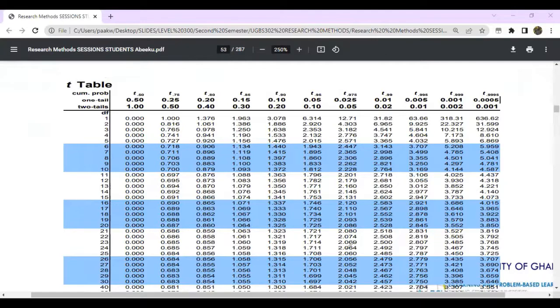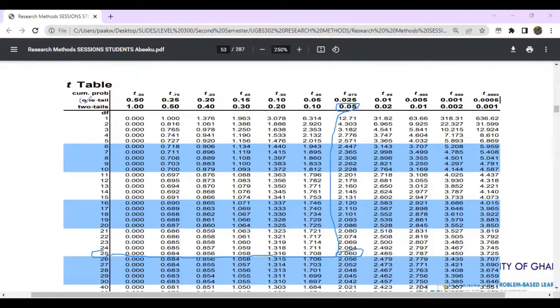Where are you looking at? 25 is here, and 0.05 is here. It's this one. We have 0.05 on top.